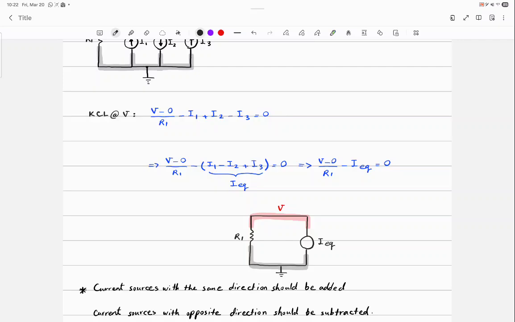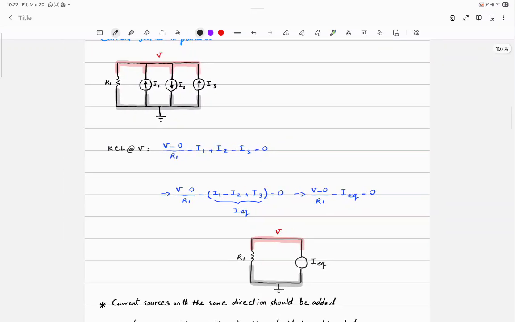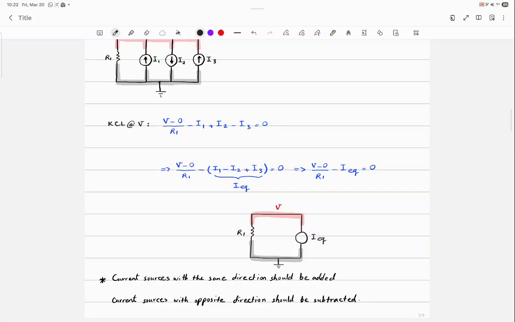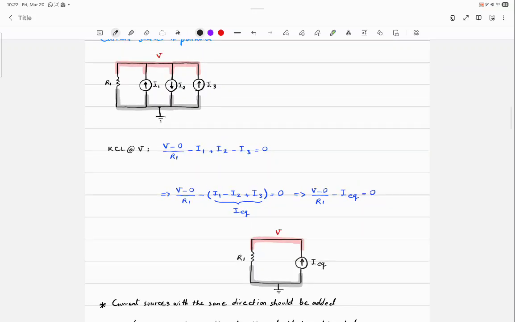What is the direction of IEQ? Down or up? Who says down? Is there anyone saying down? No? Why up? First of all, it's entering the node, so in the KCL it appears with a negative sign. What's the other way of finding that it's going up?